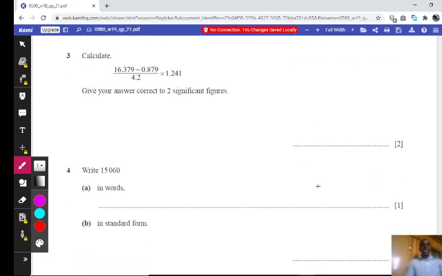Calculate that one. Give your answer correct to 2 significant figures. Please, you have to know significant figures and decimal places, right? Let's do this one. We want to leave our answer to 2 significant figures. This one you can punch in your calculator right away. So how do you punch it in your calculator? You can first punch this one on top, then divide by 4.2.